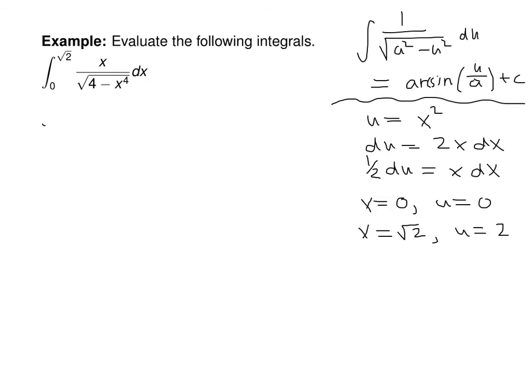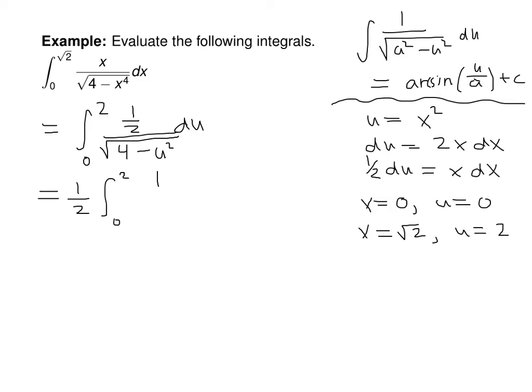So this becomes the integral from 0 to 2, 1/2 du over square root 4 minus u squared. Factor off that 1/2. And then apply this formula.